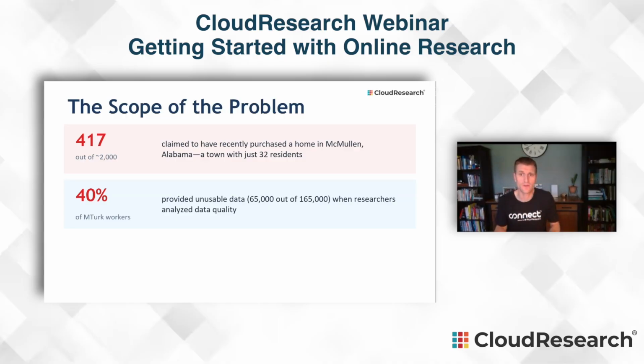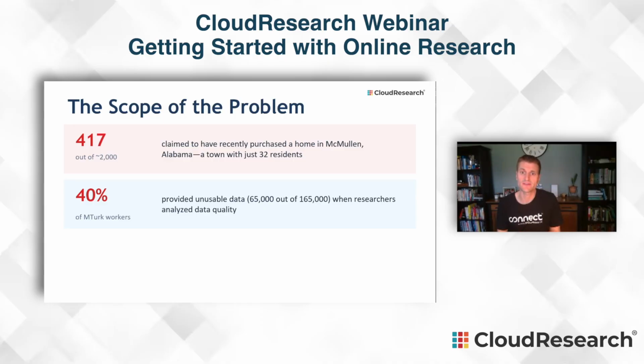And several years ago, when we worked closely with Amazon's Mechanical Turk, we actually did this sort of platform level vetting of participants. Over a period of about a year and a half, our team had over 165,000 participants who completed a number of different surveys that we were conducting.